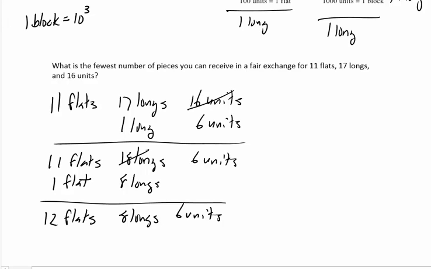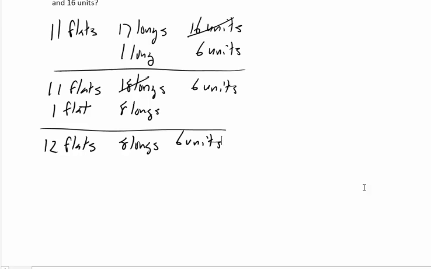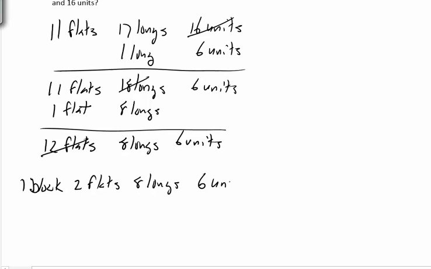And then from here, what else can we do? Well, remember a flat, 10 flats, I can swap out with a block. So if I add another column, one block, that'll leave me with 2 flats, still with the 8 longs, and still with the 6 units.